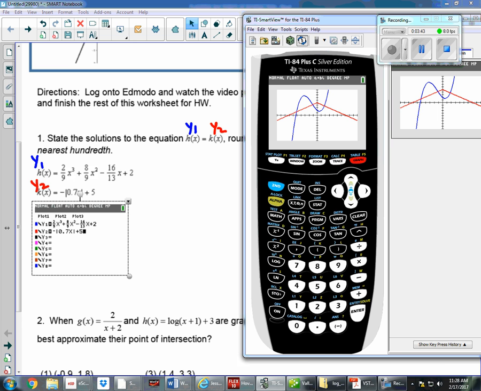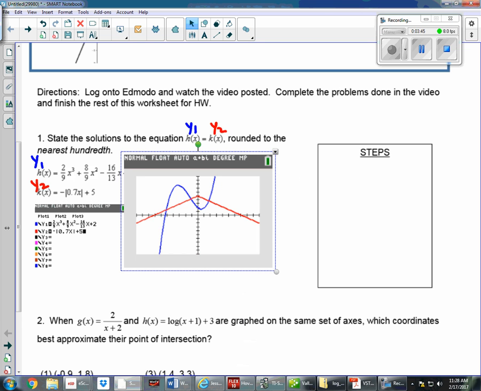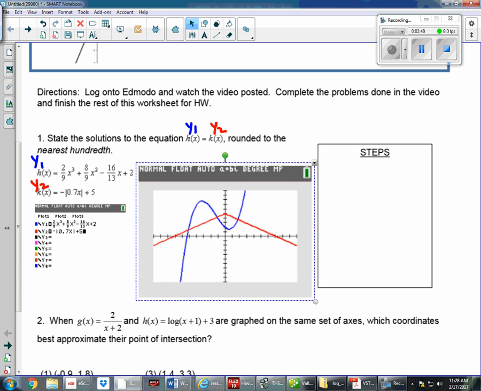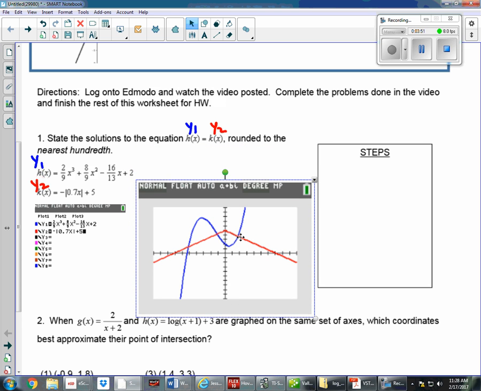So if I look at these graphs right here, there's the graph of y1 and y2. How many solutions am I going to have? 1, 2, 3. So I'm going to state all of those solutions to the nearest hundredth.